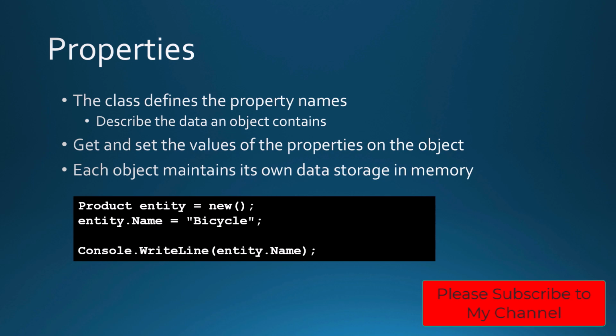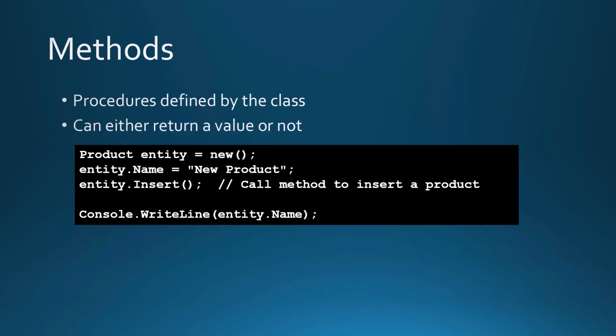So everything is className.method or className.property. Methods are simply procedures that are defined by the class, and they can either return a value or not. So let's take another instance where we create Product entity equals new. We've created an instance of the Product class in memory.